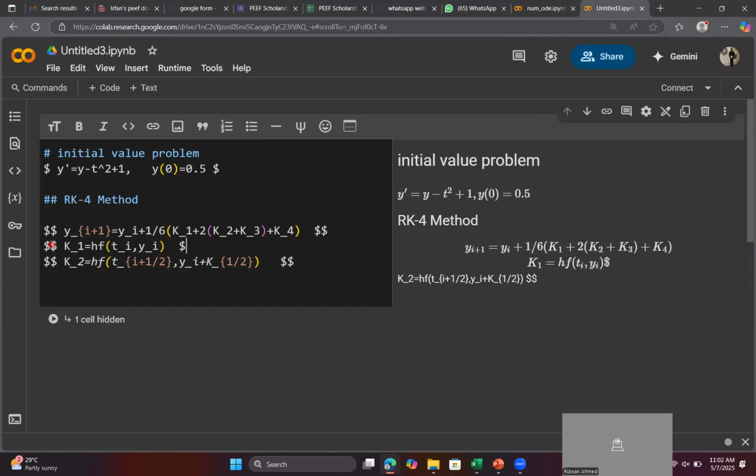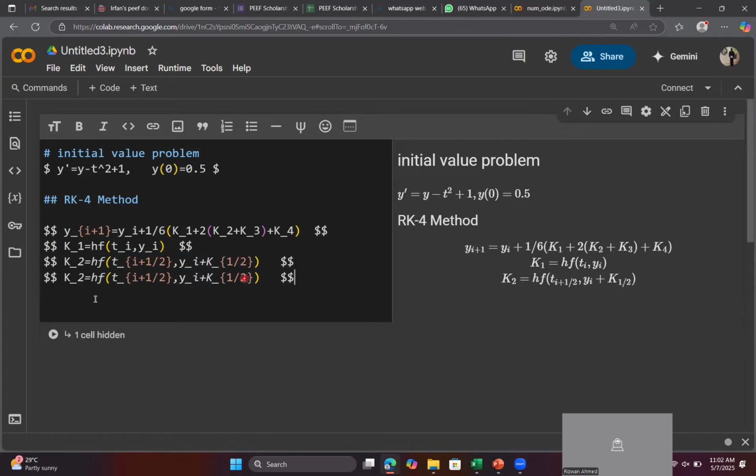And similarly, there is going to be a calculation of k3. So k3 comes from the t value at i plus 1 by 2, at the midpoint.